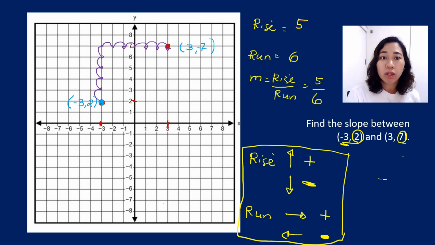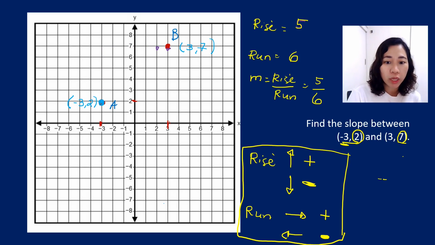Remember when we had this, we started from, let's say this is my A, and then we went to B. Let's see if we get the same answer if we started from B and then went to A. So what we want to do is go from B to A. From B, I will now go down.